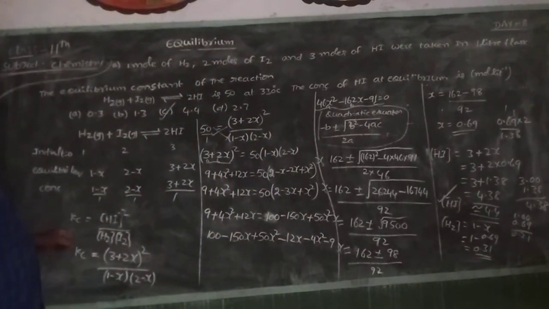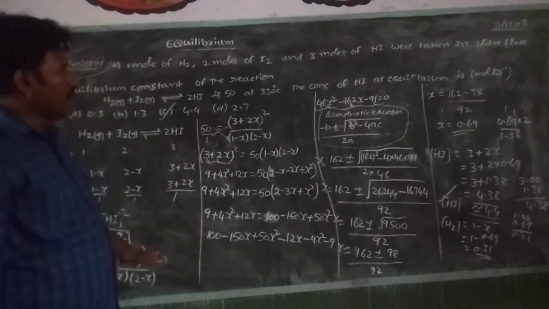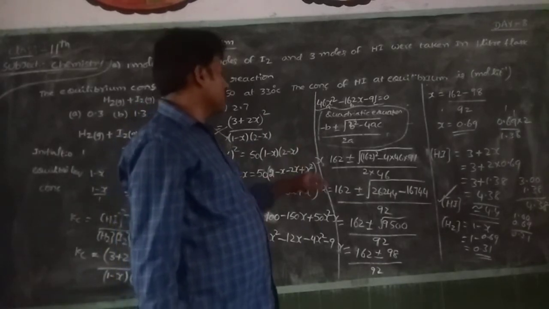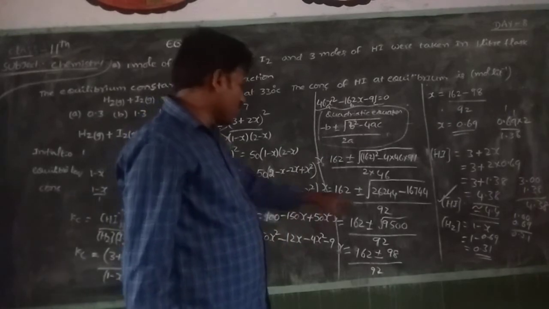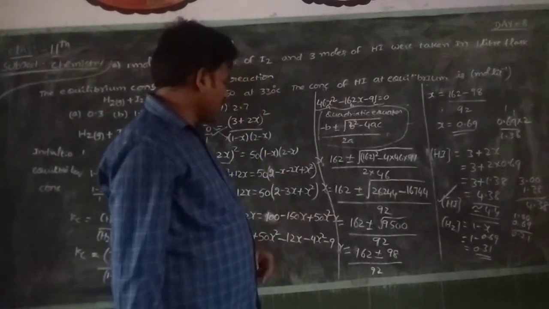This is the big problem. How to write it? H2, I2, another time I have to repeat. Initial 1 mole, 2 moles and 3 moles is taken. At equilibrium, 1 minus x, 2 minus x, 3 plus 2x. Already Kc value is given. This is the quadratic equation: minus b plus or minus root of b square minus 4ac by 2a. 162 into 162, 26244 minus 16744, by 92.